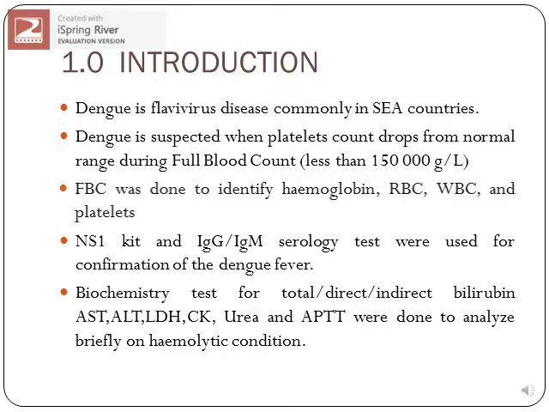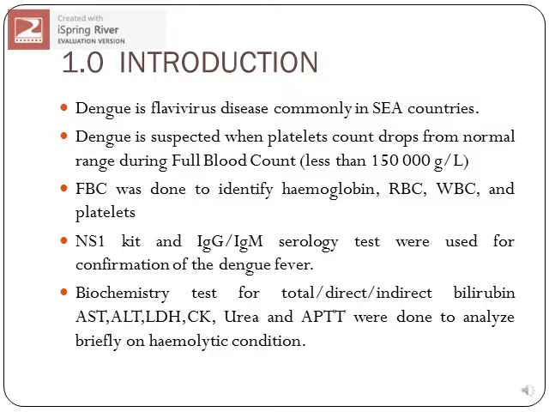FBC was done to identify hemoglobin count, red blood cell count, white blood cell count, and platelets. To confirm the dengue fever, NS1 antigen kit and IgM-IgG serology tests were used.